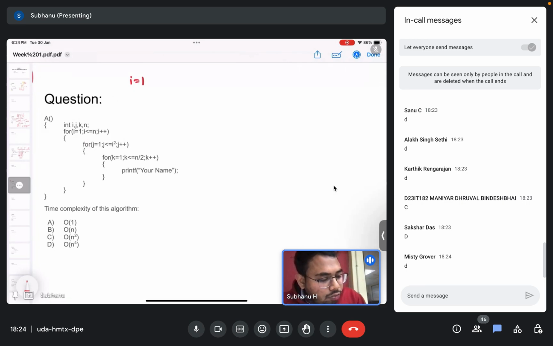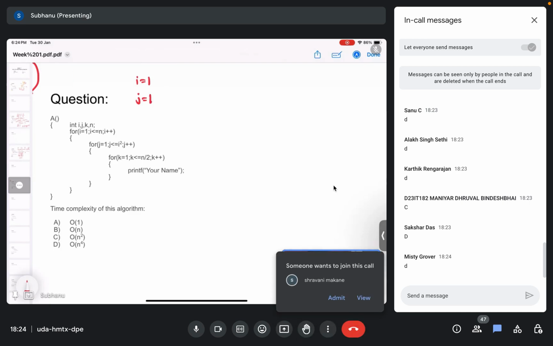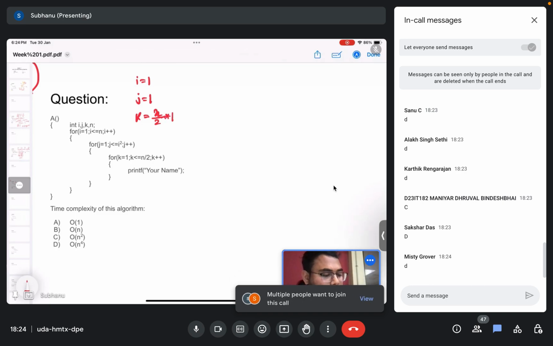When i is equal to 1, j will run till i square. So 1 square means 1, so j will run till 1. And how much will k run? k will run till n by 2 into 1, because k will run j times.